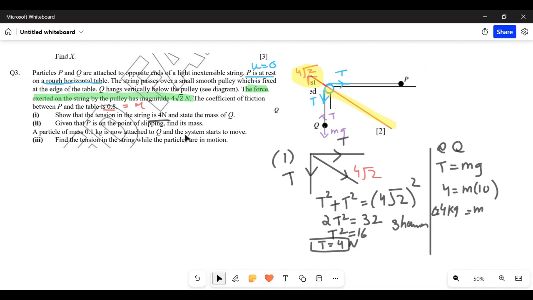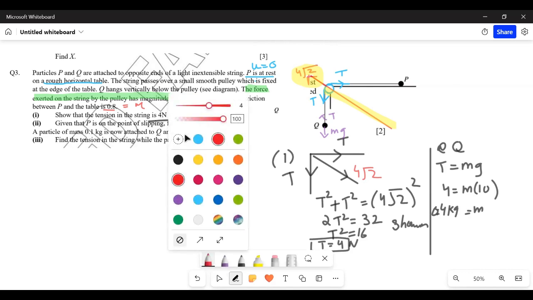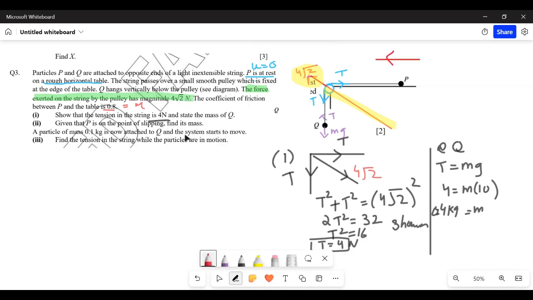Given that P is on the point of slipping, find its mass. Now P will also slip. It's going to move towards the left, since it's getting the pull from that direction.